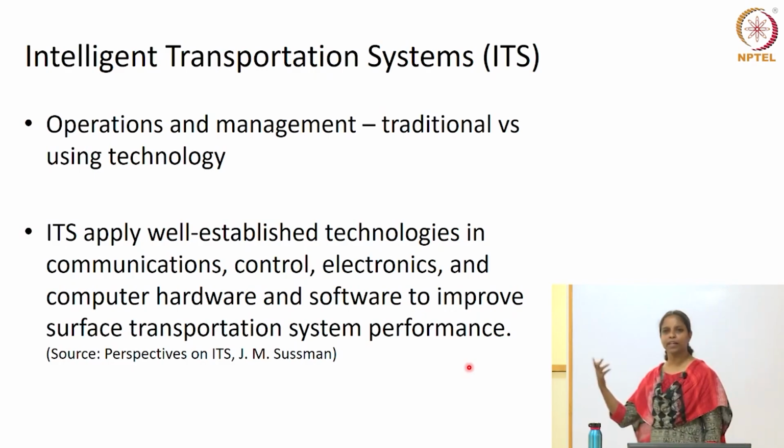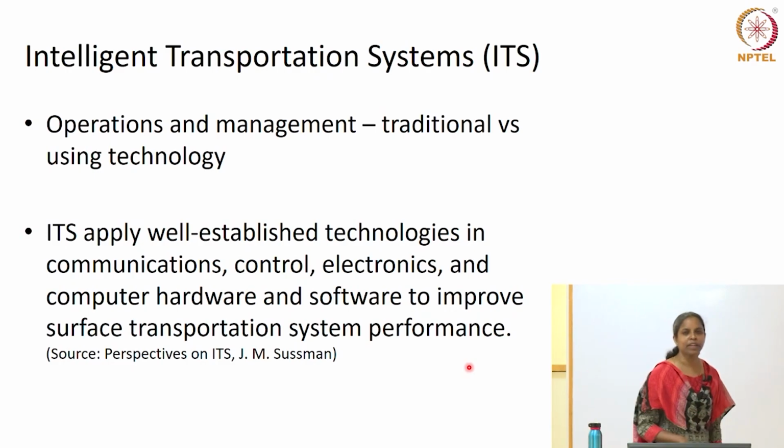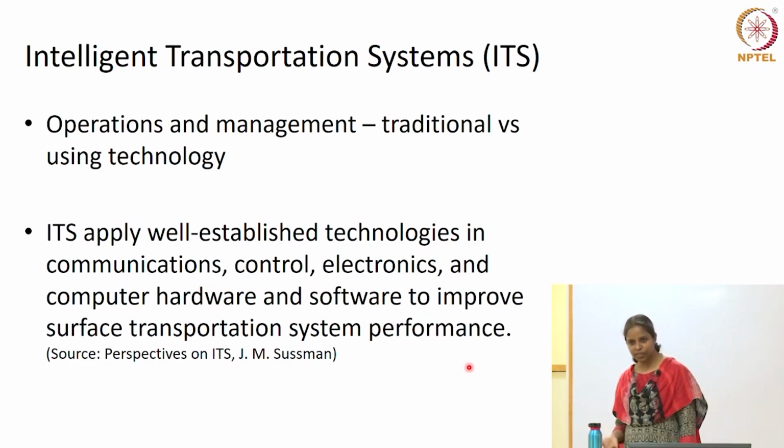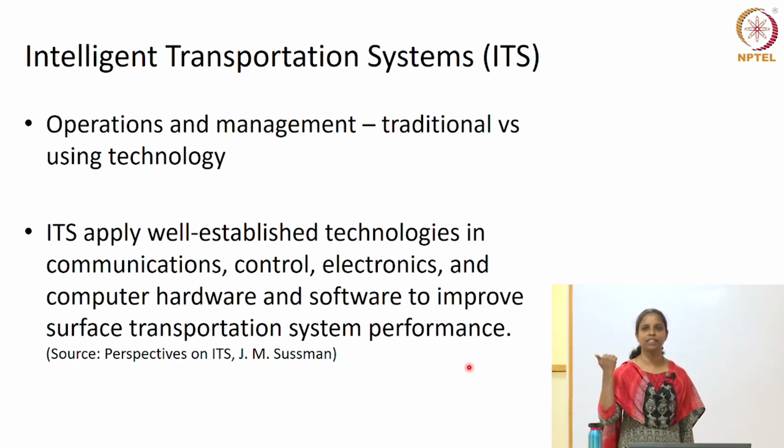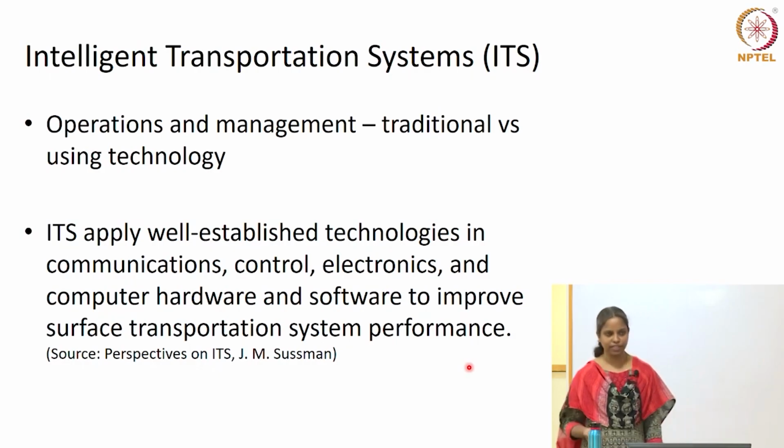You collect some data by going there, manually collecting, analyze it, come out with something. With the latest technologies in terms of sensors, communication, and analysis, there are new ways in which you can handle these problems, whether it's operations or management. So, that's what the intelligent transportation system is.